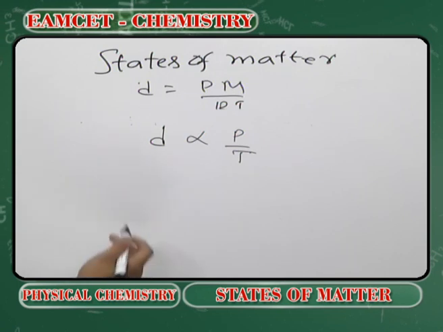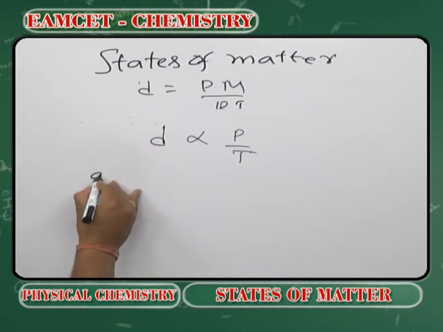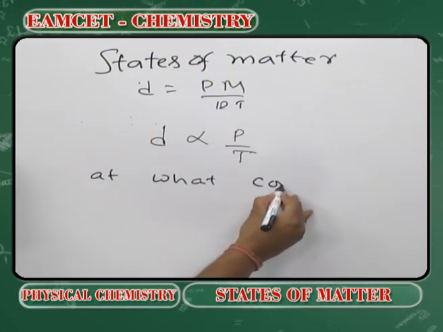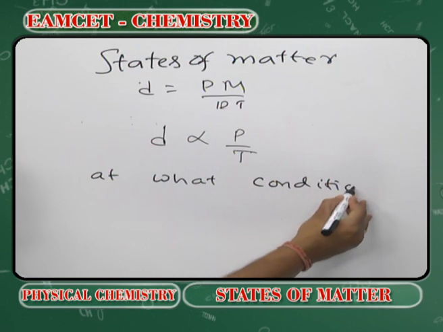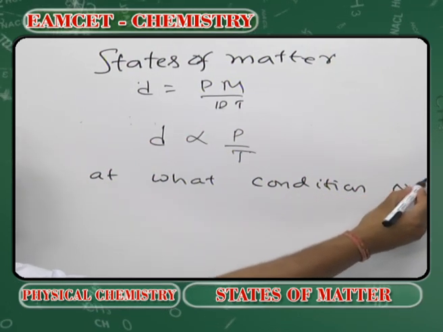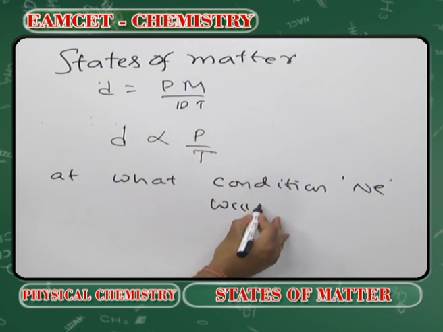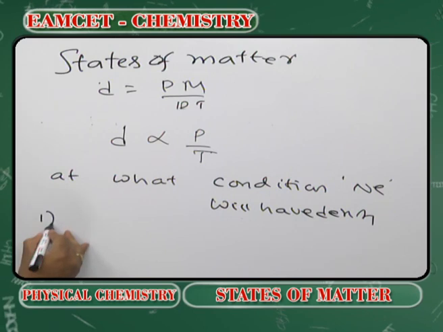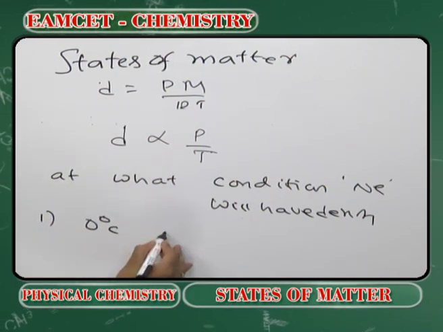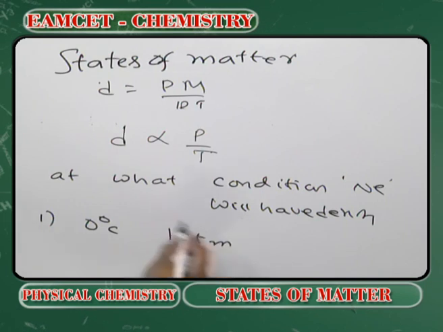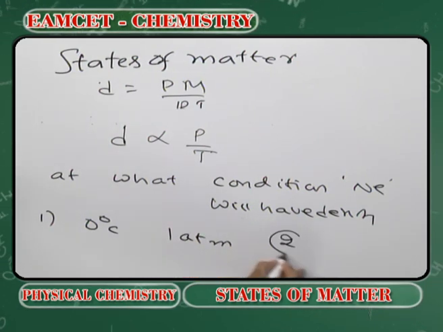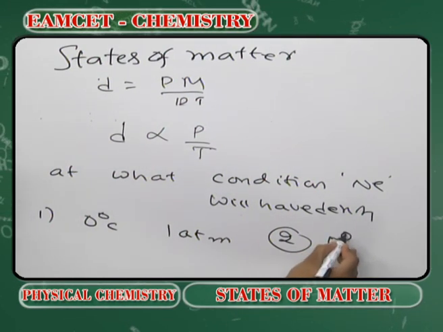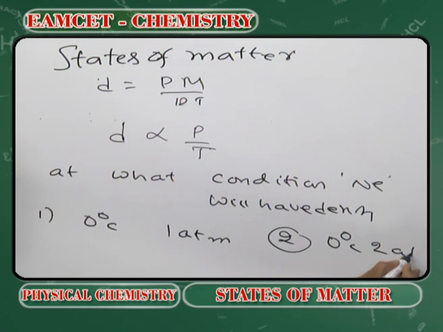For example, at what conditions will neon have the highest density? Option 1 is 0 degrees centigrade, 1 atmosphere pressure. Option 2 is 0 degrees centigrade, 2 atmospheres pressure.